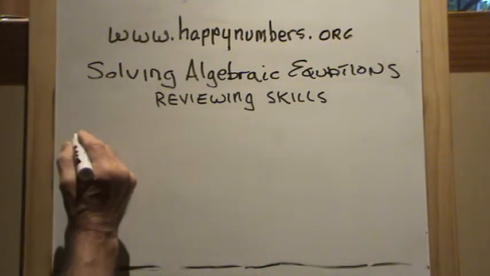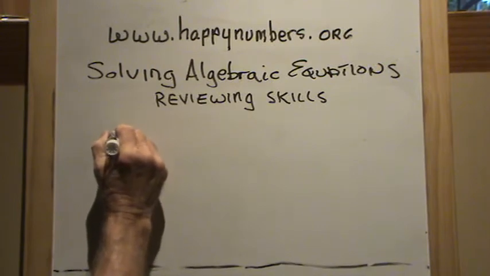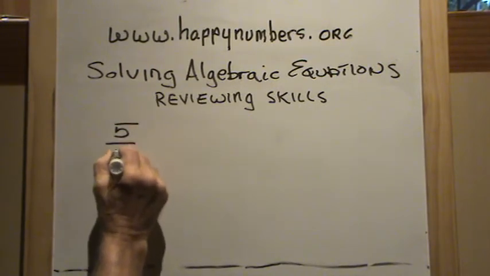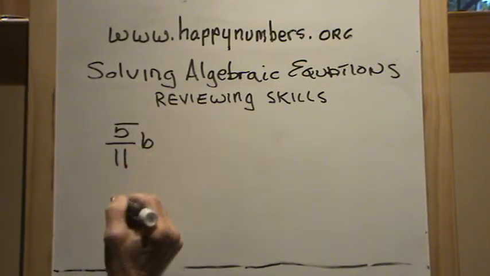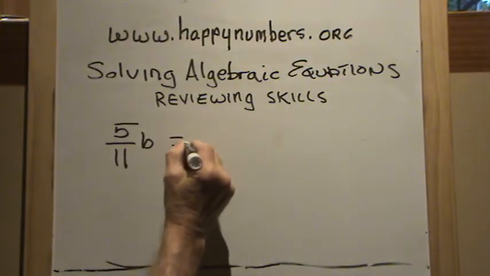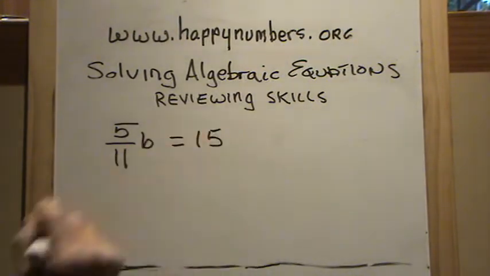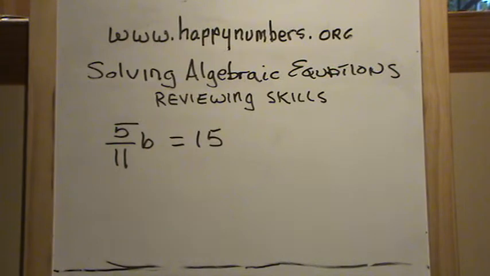So let's see here. Let's try this one. 5/11 b equals 15. Put your video on pause and work that problem, and then let's see what we can do with that.